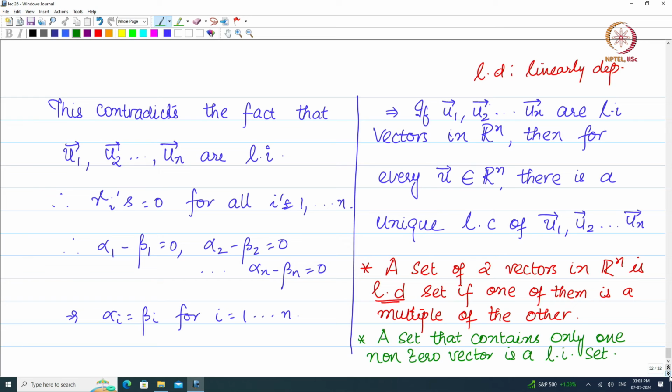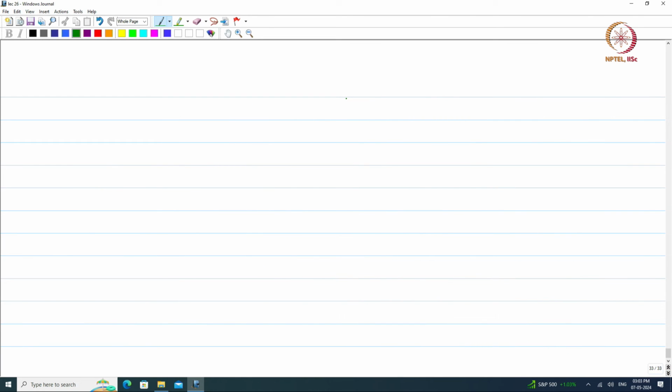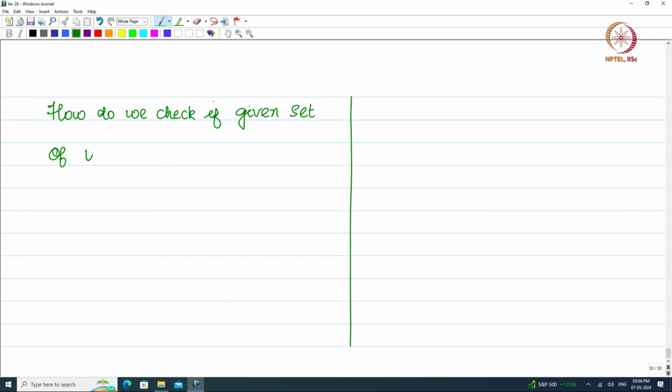So, how do we check if a given set of vectors is linearly independent or not?